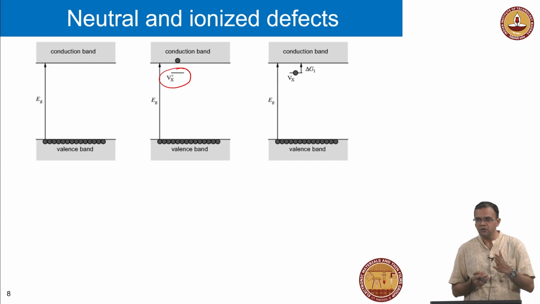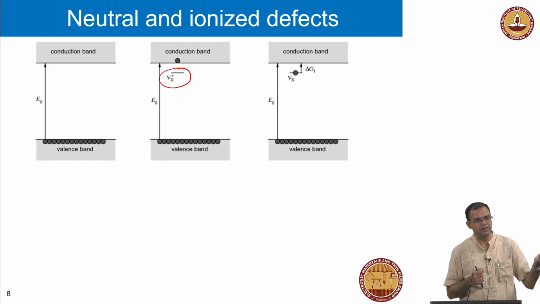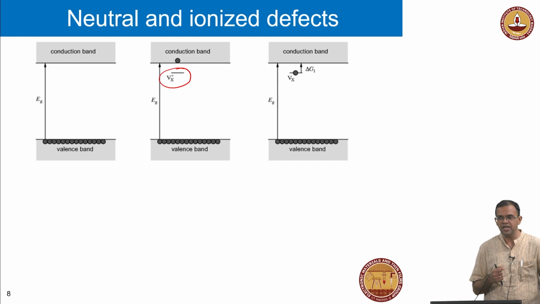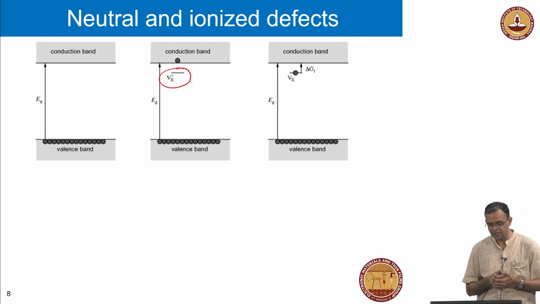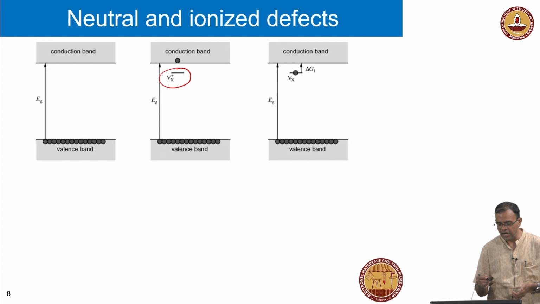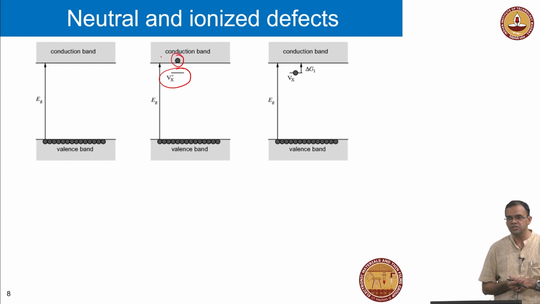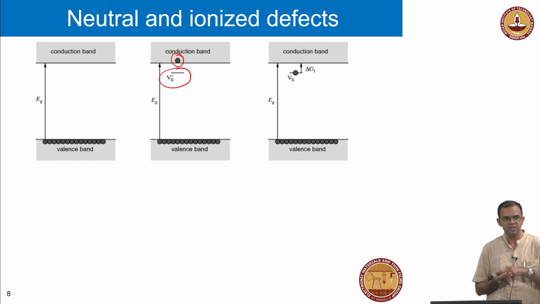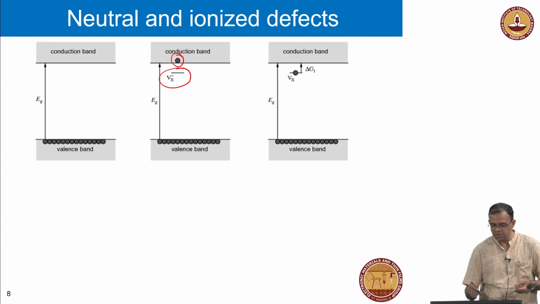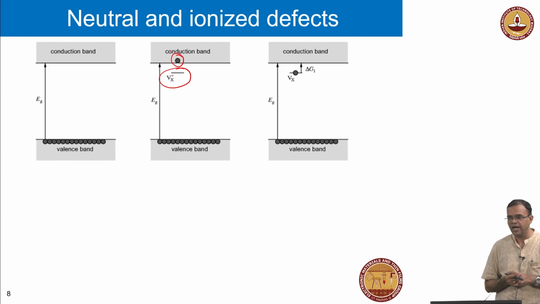Now one way to of course keep charge neutrality is I also remove a positive ion. So I remove the M plus, that becomes a Schottky defect. Instead of that, I can create this vacancy and have an extra electron that goes to the conduction band. So think about it in the sense that I have Cl minus, I remove the Cl, but the minus charge, which is the extra electron, is jumping to the conduction band.